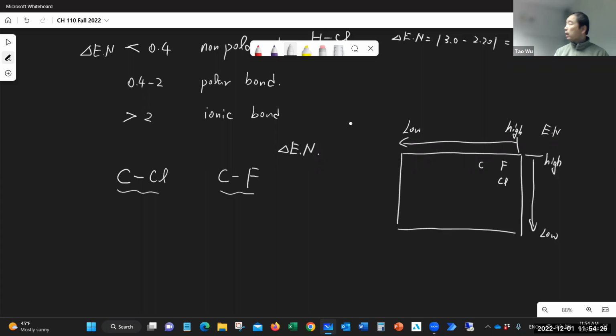Then you just need to look at the difference between the two. Fluorine definitely has a higher electronegativity than chlorine. Carbon is not changing. So tell me which number will be higher, fluorine minus carbon or chlorine minus carbon? Fluorine is higher than chlorine, so if you subtract the carbon in each case, which one is higher?